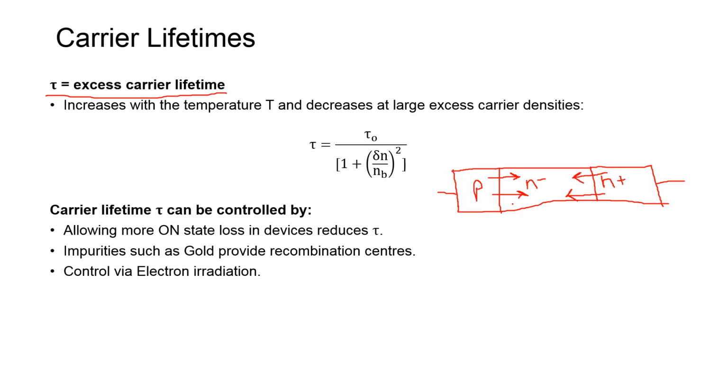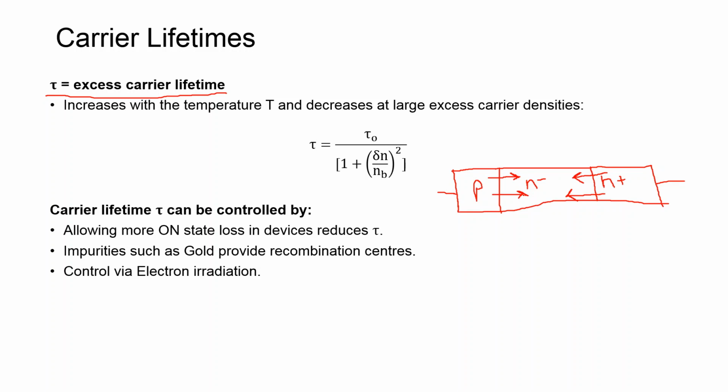So this drift region will be filled with free charge carriers. The holes will be entering from the left hand side, and the electrons will be entering from the right hand side. So this whole region is filled with a large number of charge carriers.